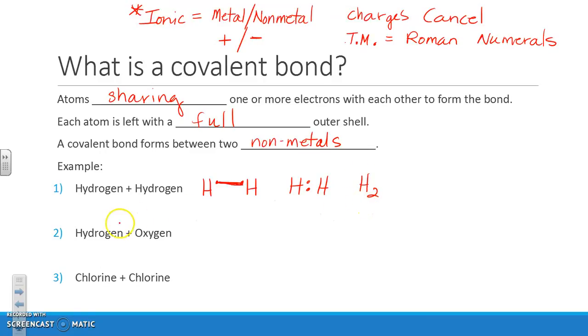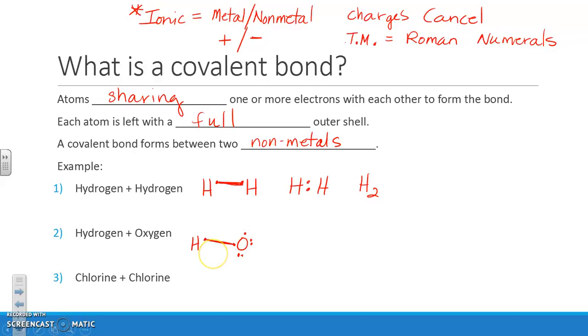Okay, so what if we had hydrogen and oxygen? Hydrogen's here chilling on the corner looking for an electron. Here comes oxygen. And oxygen has how many valence electrons? It has 6. Oxygen needs 2 electrons to fill up its outer shell to be happy. Hydrogen says, hey, oxygen, you want to share an electron, make me happy?